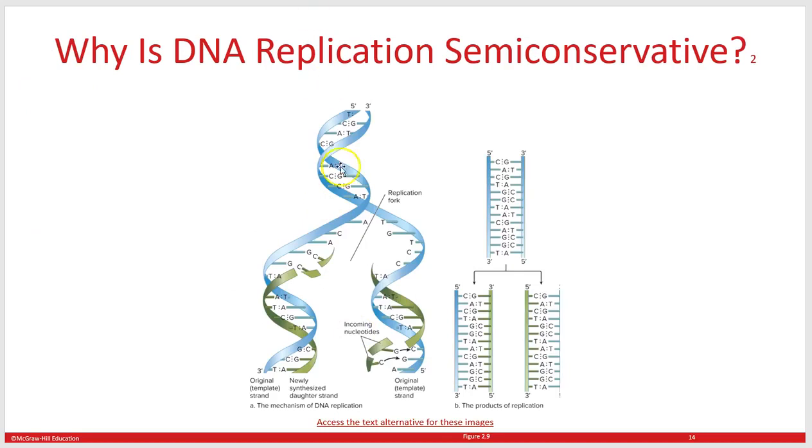And here's a much better drawing of it. DNA is being copied here. The double helix, as you can see here, has been separated. The two strands have been pulled apart, and a new strand will be copied from the old strand.